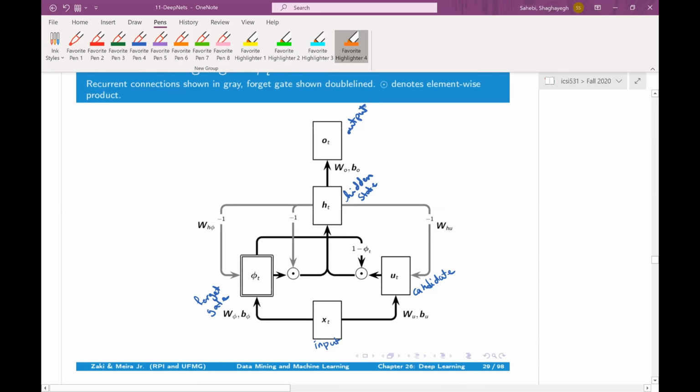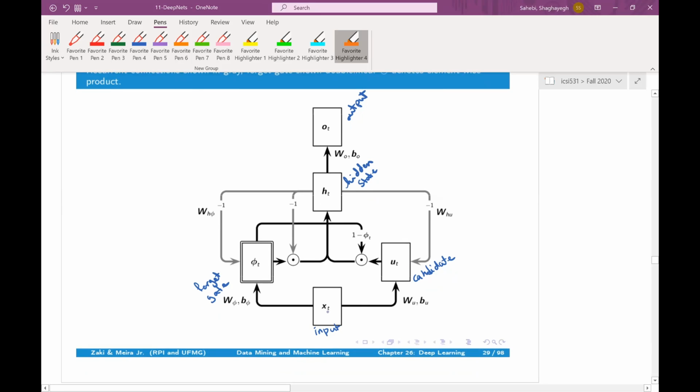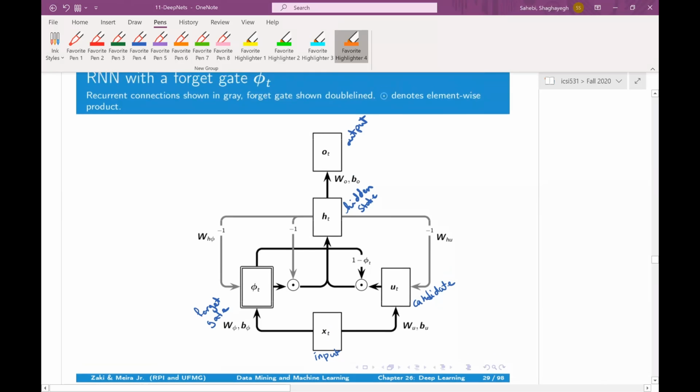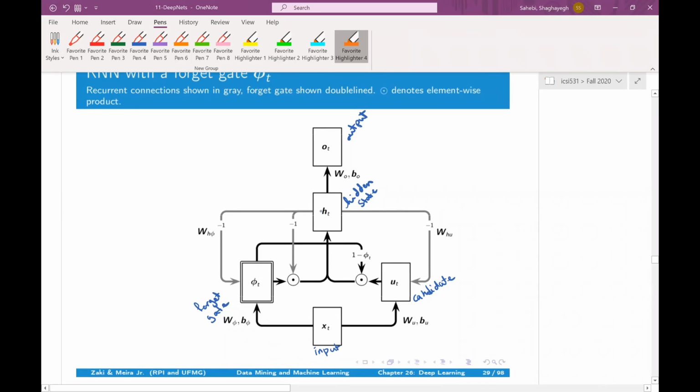First of all, we know that ut, the candidate for being updated, depends on our input xt and also depends on the hidden state at time t minus 1, right? So hence these two in ut. Additionally, we know that our ht, our h update, depends on ht minus 1.